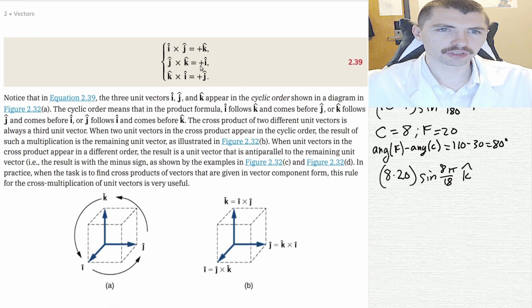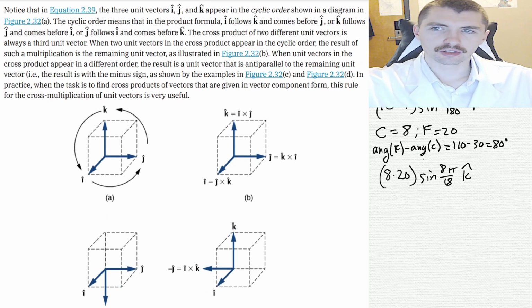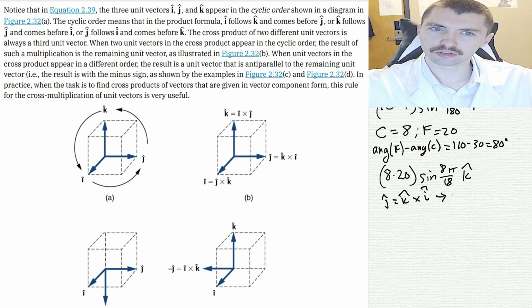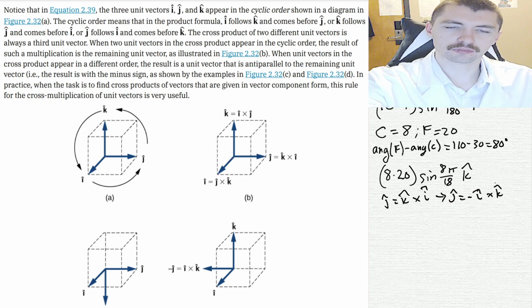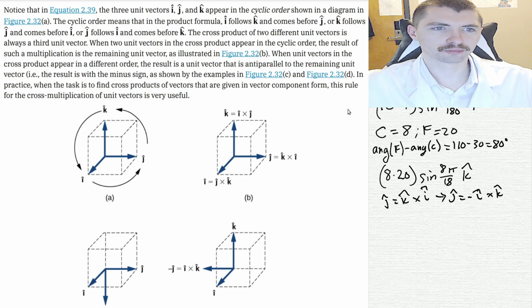I think last time I showed that if j hat is k hat times i hat, using the rules of the algebra for this, it would have to be negative i hat times k hat, if you wanted to swap it for some reason.